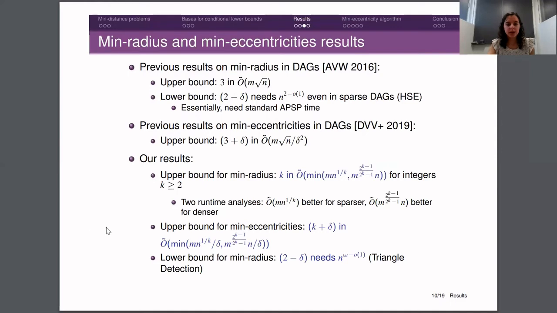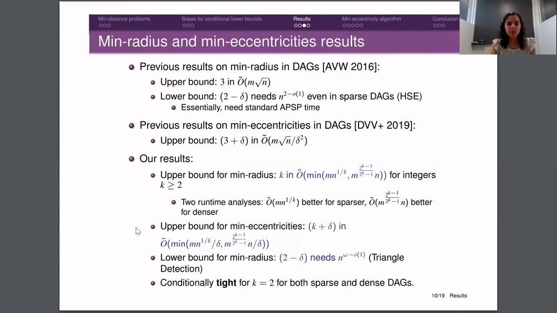And our lower bound for min radius, specifically for dense DAGs, this is useful for dense DAGs, is that you essentially need matrix multiplication time conditioned on triangle detection needing matrix multiplication time in order to get an approximation factor smaller than 2. Which means that our min radius algorithm and our min eccentricities algorithm are essentially conditionally tight for k equals 2 for both sparse and dense DAGs.